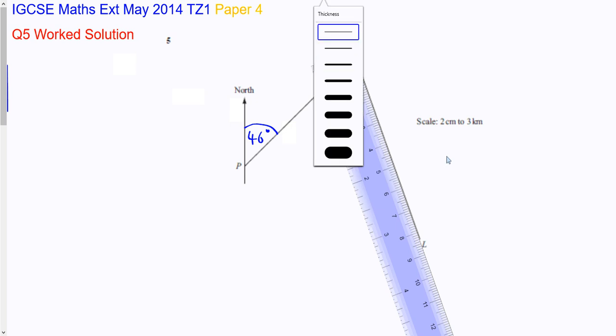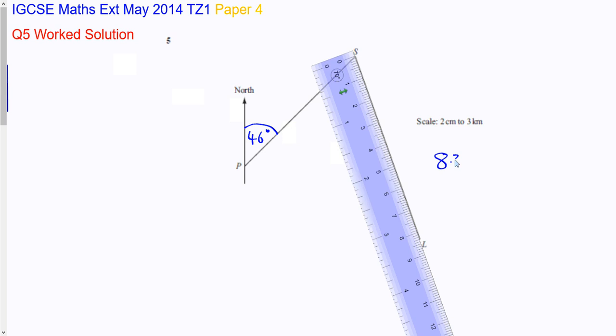So 8.3, and that's centimetres. I'm measuring in centimetres there. Now we've been told that for every 2 centimetres, it's equal to 3 kilometres. So I'm going to divide 8.3 by 2 centimetres, because for every 2 centimetres it's equal to 3.